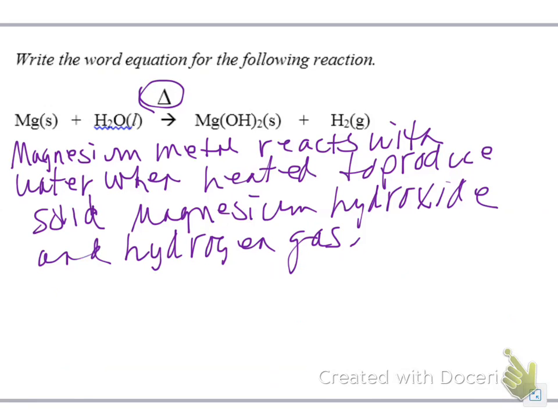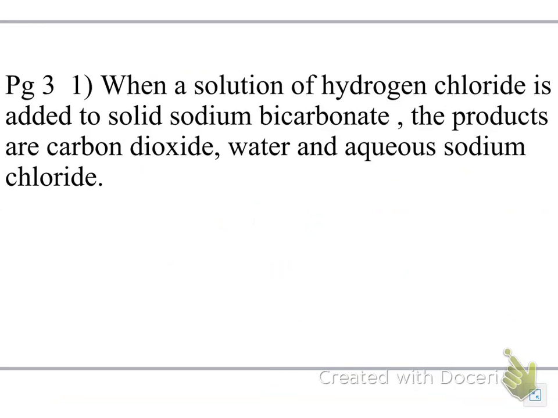Okay. So let's do just two that are on page 3 that are there for practice. When a solution of hydrogen chloride is added to solid sodium bicarbonate, the products are carbon dioxide, water, and aqueous sodium chloride. So let's see what we know. We're starting with a solution of hydrogen chloride.